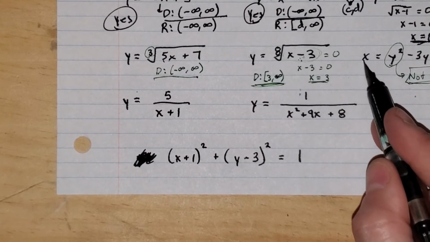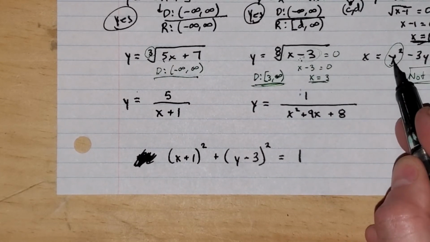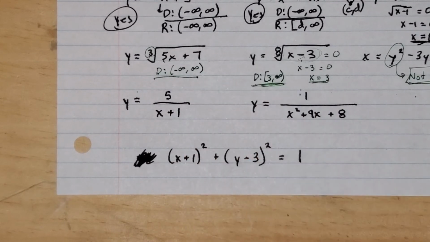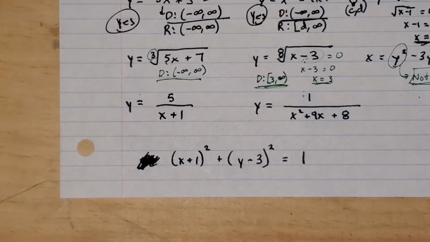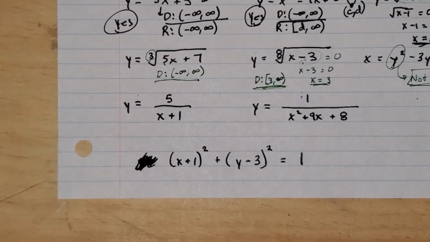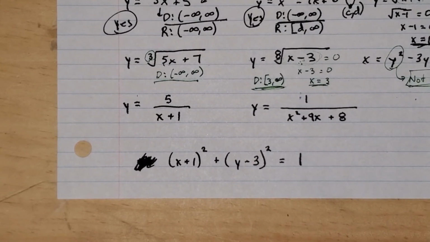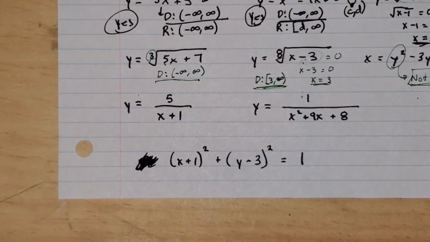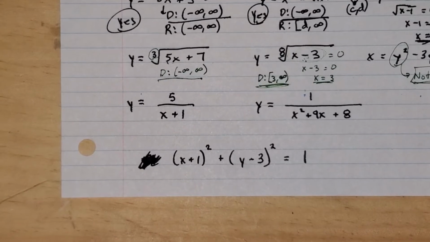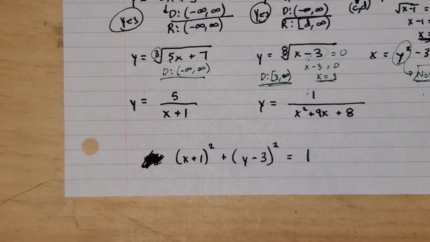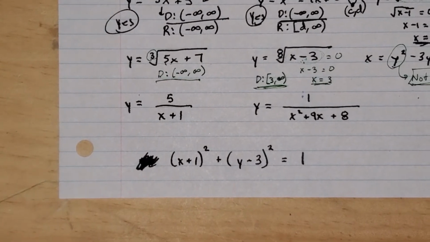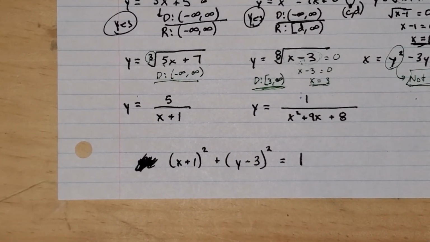Why? Because if I plug in a value for x and solve this for y, I'm going to get two answers, because I'm going to take the square root and get a plus or a minus. Because it's not a function, finding the domain and range of this is fairly difficult, so I kind of let that one go. But it is not a function.